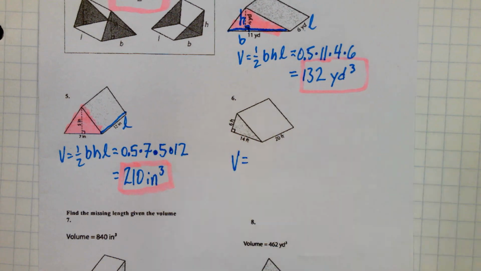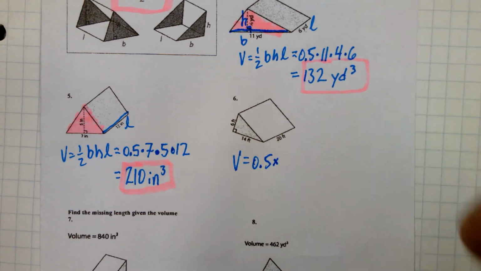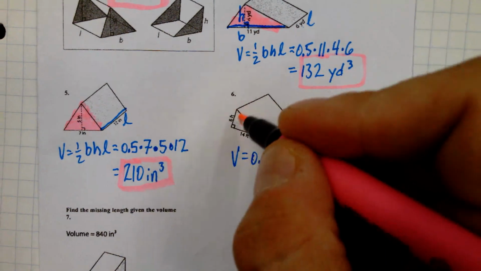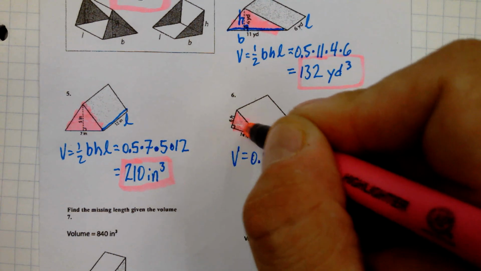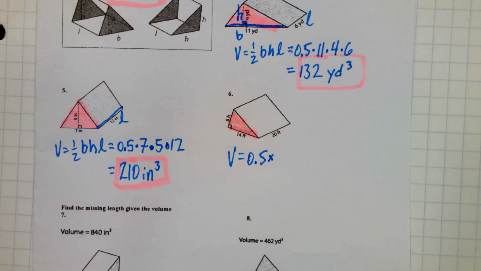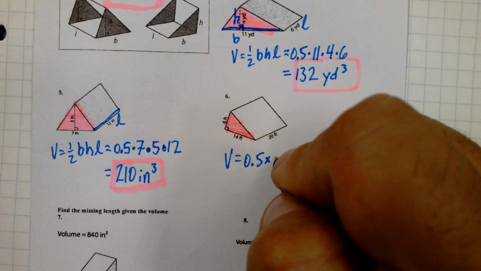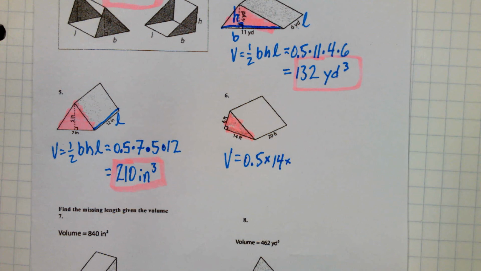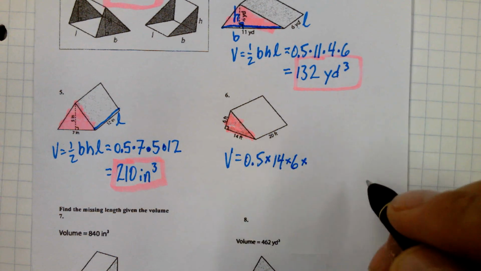I don't even think we need the formula. 0.5 times, I'll use the X now. This is our base triangle right here. This is kind of a tricky one. Which is the base, which is the height? 14, I see the base is 14, only because it goes along the bottom. But on a right triangle, it won't matter, especially. So 14 times, what is our other number? 6 times 20.